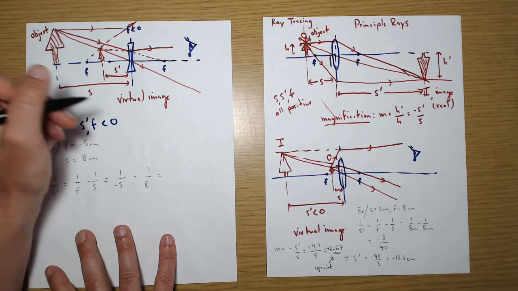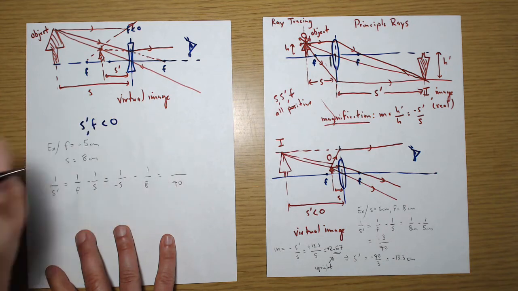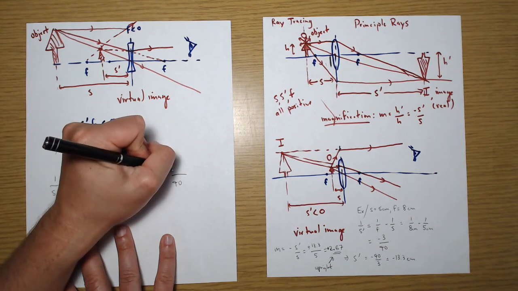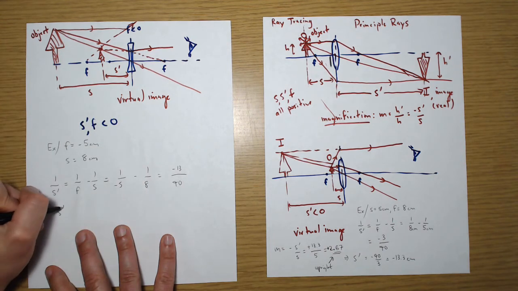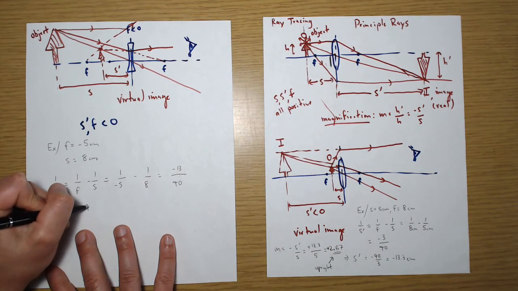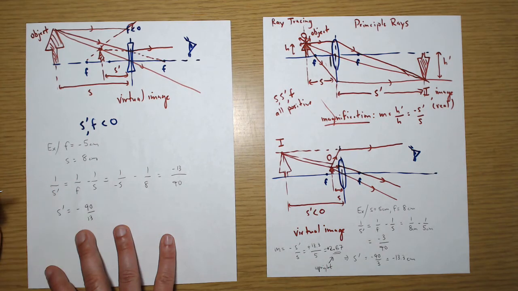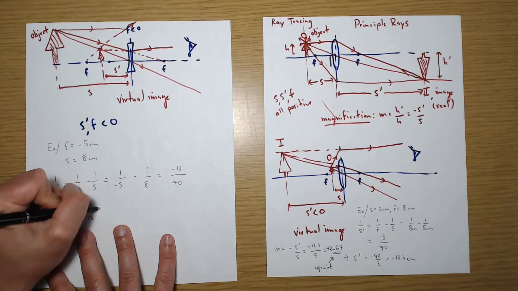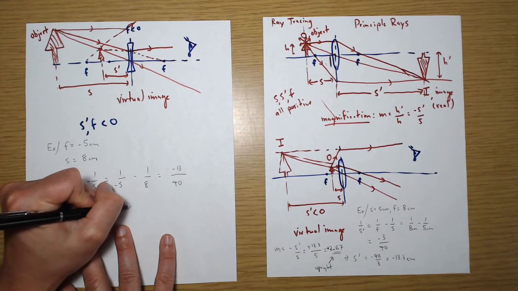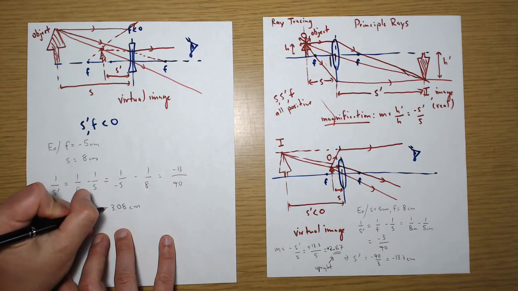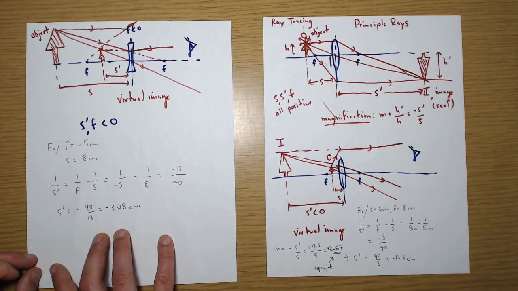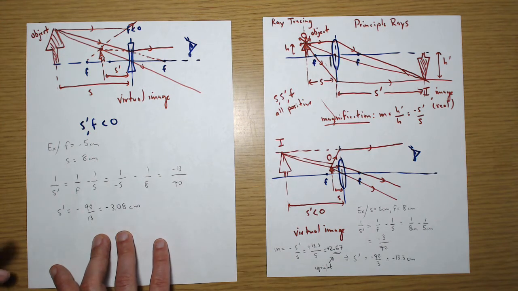So now this is common denominator of 40 again, but I have negative 8 minus 5, which is negative 13. So s prime is equal to negative 40 over 13, which is equal to 3.08 centimeters. The negative makes sense, right? Because the image is on the same side as the object. And we verified that with our principal ray diagram here.